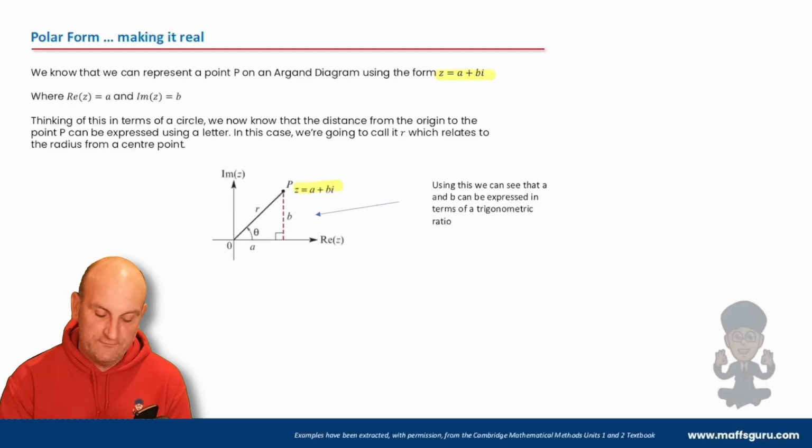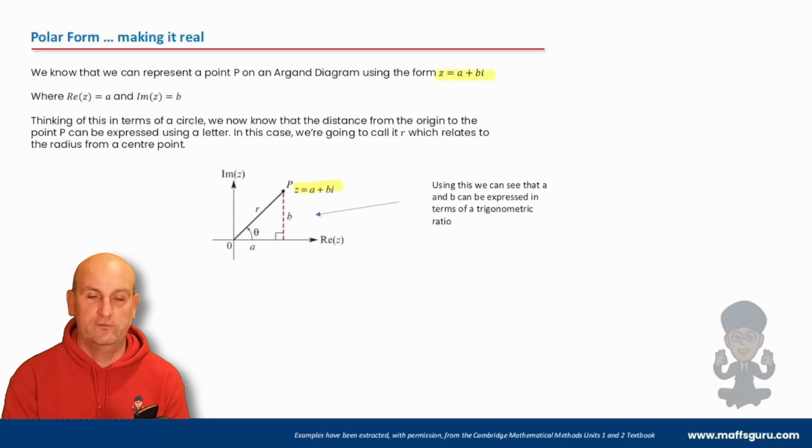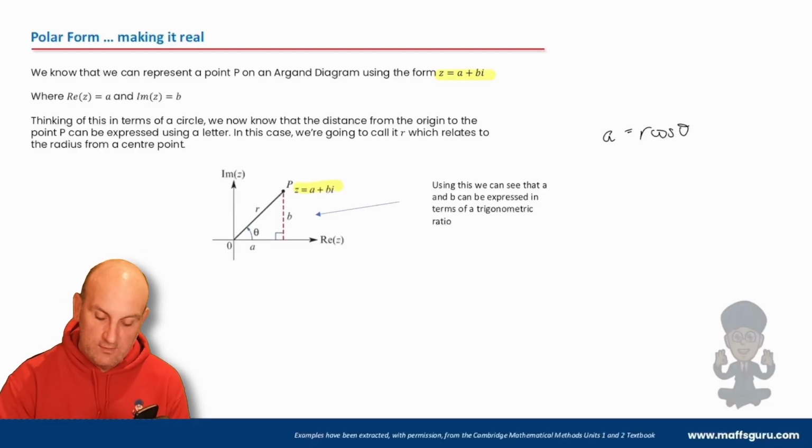We know that if it's A plus Bi, that means this distance here is A, and this distance here is B, and that must be some angle theta measured anti-clockwise from the x-axis. Now, we've seen in previous subjects that we can re-express the value of A as R cos theta, and B as R sine theta.